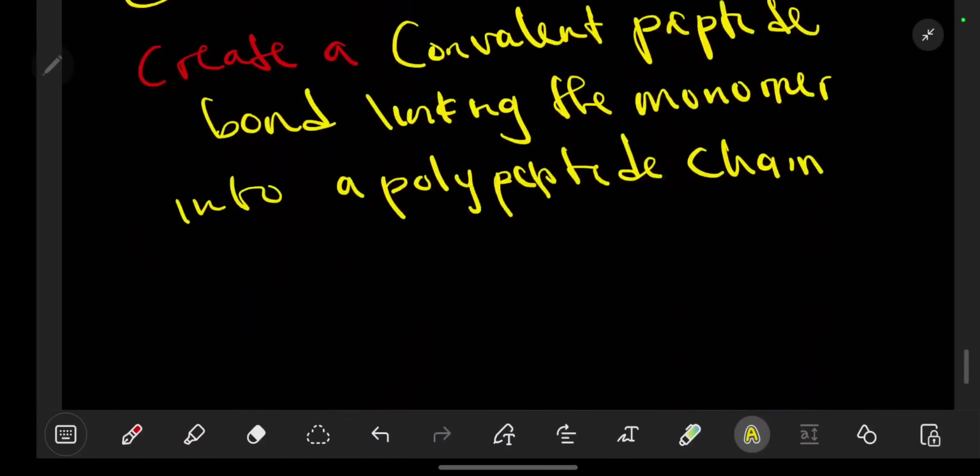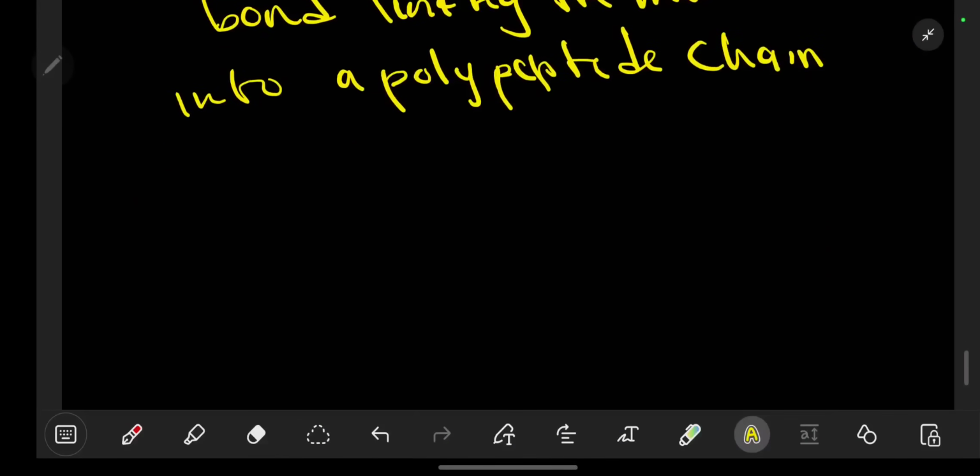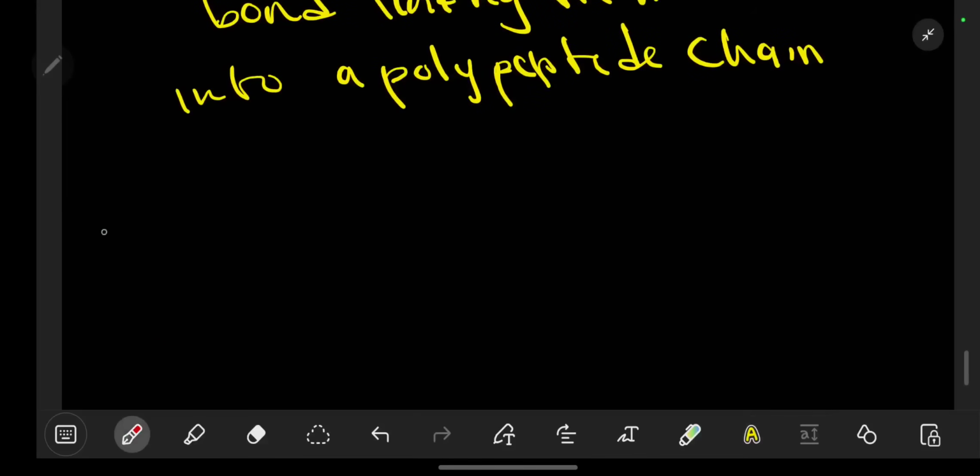Then for nucleic acids, this is the structure that is there. So we are going to have a sugar, which is going to look like this. If you need more information on this, you can just watch some videos which I have created.